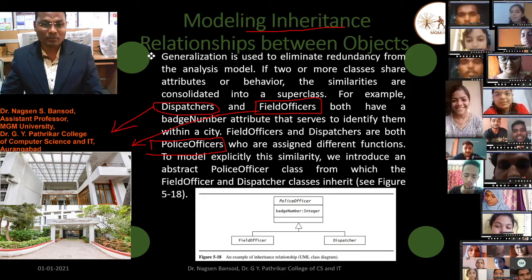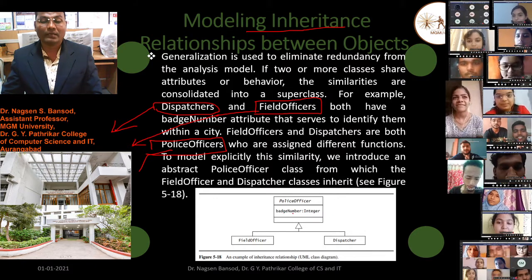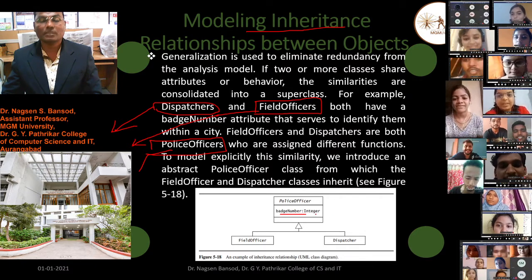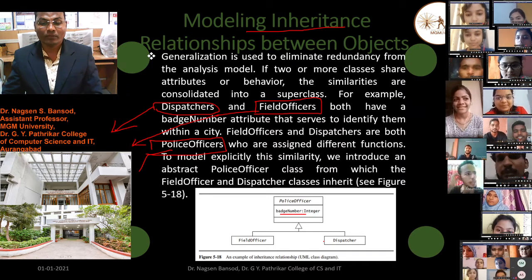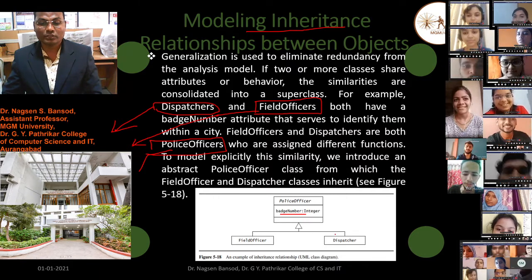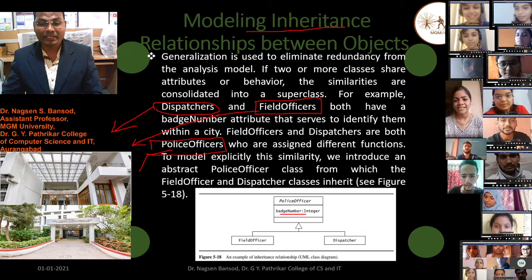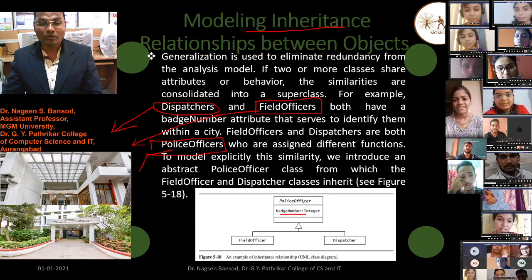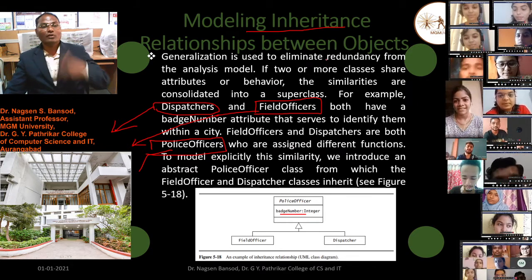From this police officer we can use badge number as an integer for both the field officer and the dispatcher. These both are police officers, and they are inherited from the police officer. This is the modeling of inheritance relationship between the objects.